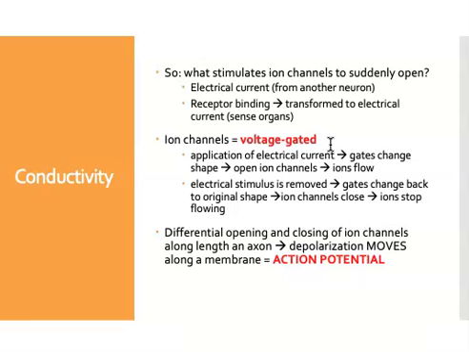That gate is closed unless a certain voltage is hit at the membrane. When a certain voltage is reached, it's going to cause the gate to open. All that gate is a piece of the protein. Ion channels are membrane proteins, and a piece of that protein juts out and essentially closes the passageway in the channel.